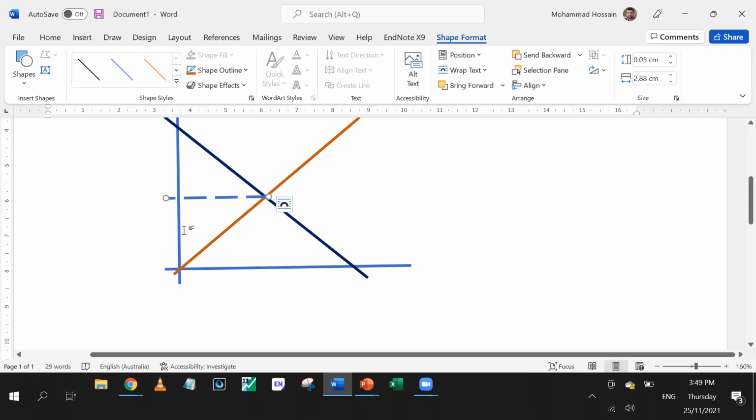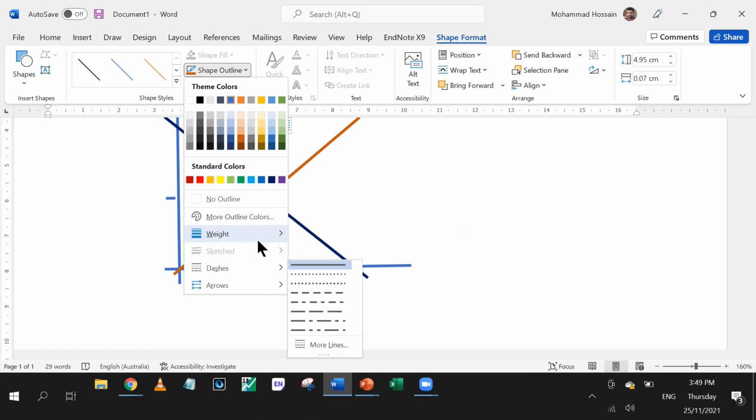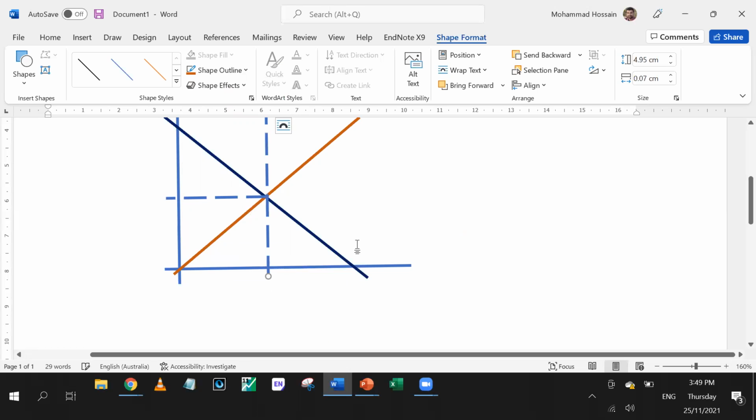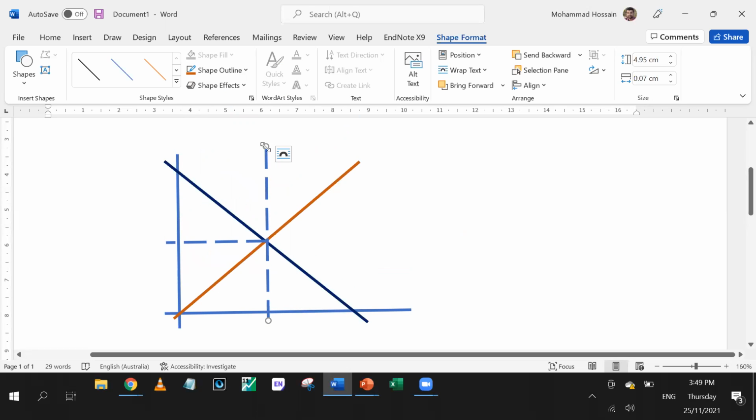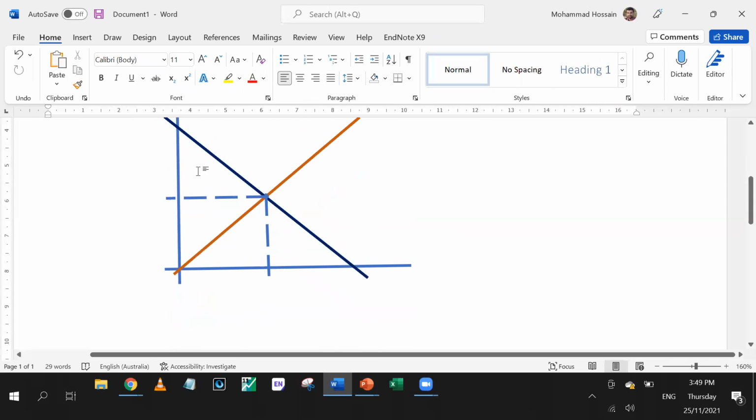And this is, let's say, your equilibrium quantity. That's the situation you have. So consumer surplus will be this triangle. How do you determine it? This is the market price, so you mark from the market price up until the demand curve. This is consumer surplus. It is related with the consumer demand curve.